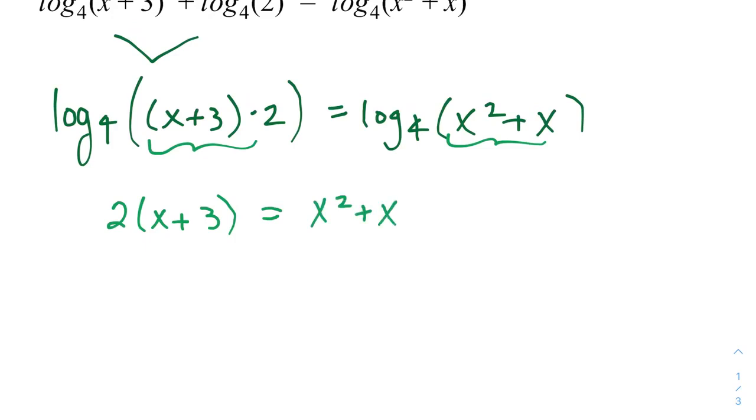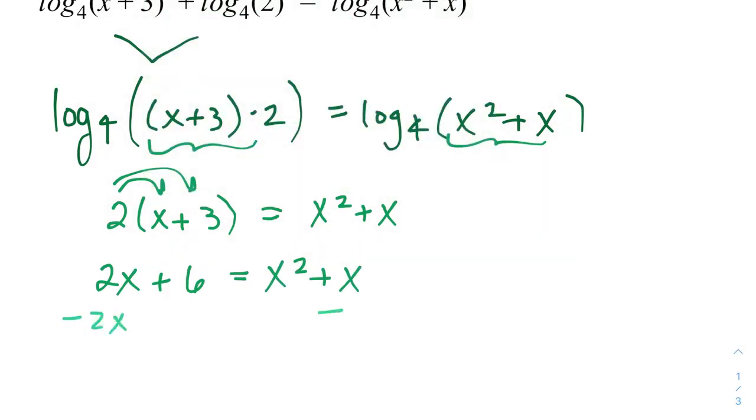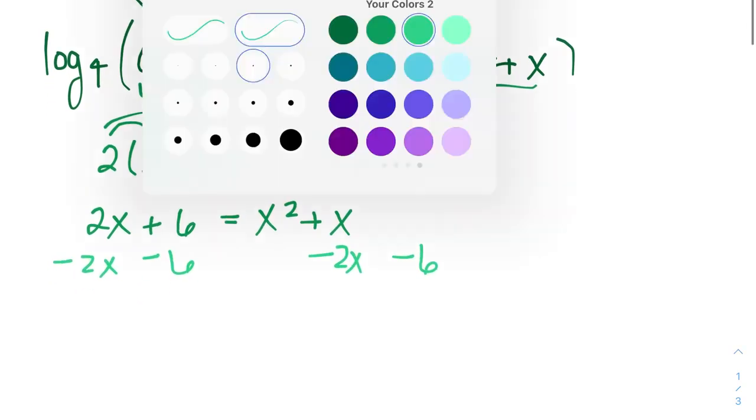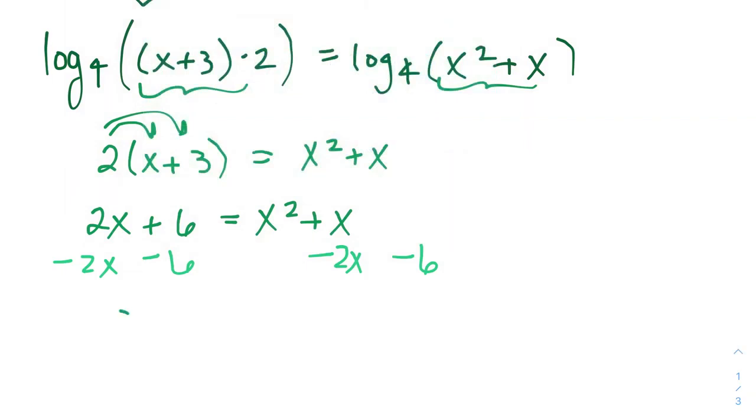This is very clearly a quadratic. First thing I'll do is distribute that 2 to get 2x plus 6. Then I want to get everything on the other side of the equation, so I'm going to subtract 2x from both sides and subtract 6 from both sides, and that'll give me 0 equals x squared minus x minus 6.